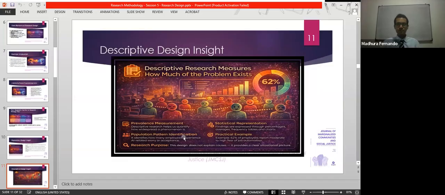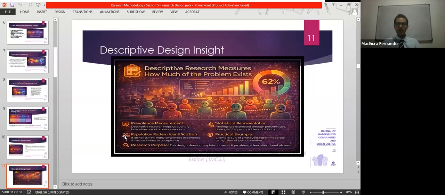Right? That's it. And population pattern identification. It identifies how many employees experience AI-related worry or acceptance. How many employees? You can get a numerical value. How many employees experience this AI-related worry? You can get that value.